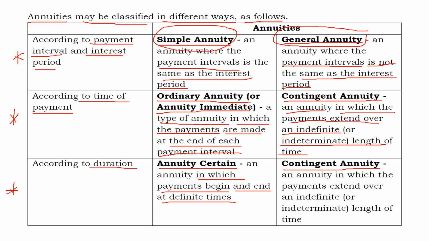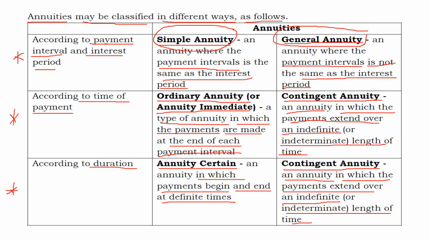Next is your contingent annuity. An annuity in which the payments extend over an indefinite or indeterminate length of time. So it can extend over an indefinite or indeterminate length of time.